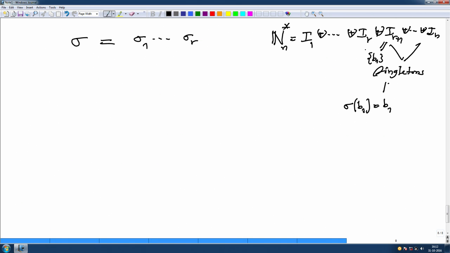That means if you apply sigma on both sides, they are equal here. Sigma of B1 is B1, and on this side also it is B1. Therefore, all elements of I R plus 1 union this, R plus S, are fixed under sigma.